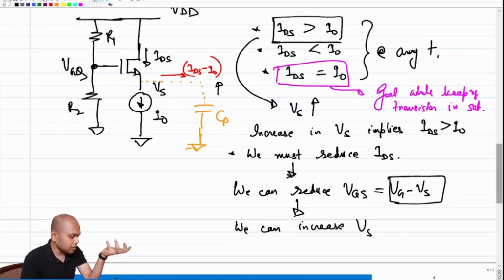Which looks like, by connecting the current source at the source in the way that I have shown here, the transistor has auto-biased. There seems to be an implicit negative feedback built into the operation of the transistor when we connect the current source to the source.